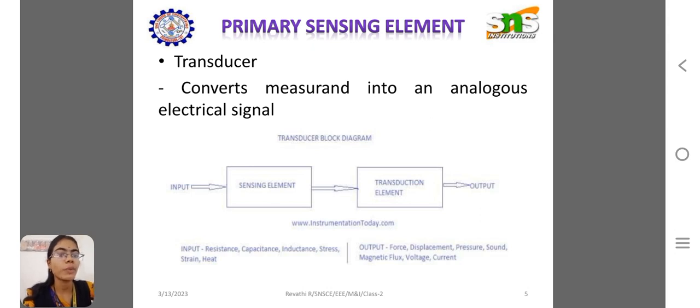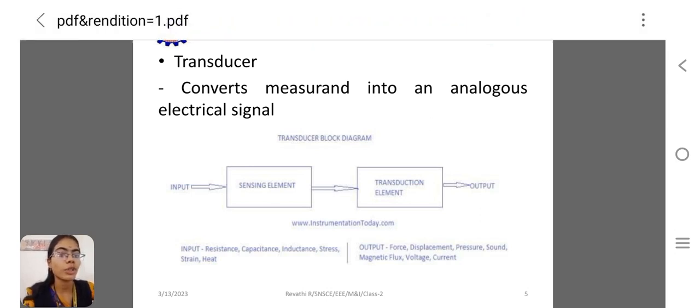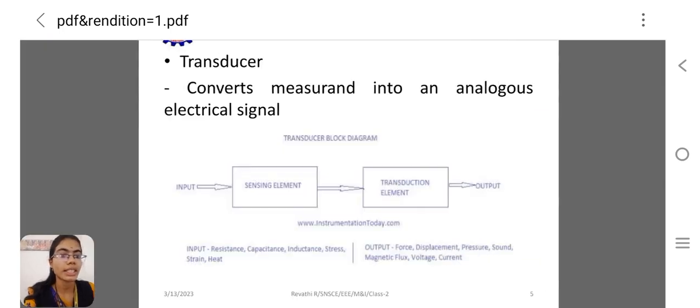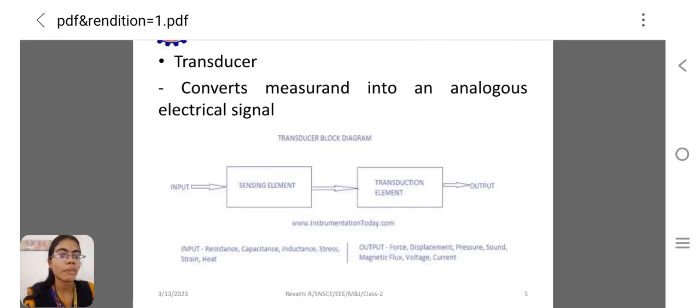The input elements are resistance, capacitance, inductance, stress, strain, and heat. The output elements are force, displacement, pressure, sound, magnetic flux, voltage, and current. These are all transducing elements, and this is the transducer block diagram. A transducer mainly works for the conversion of a measurement into an analog electrical signal.